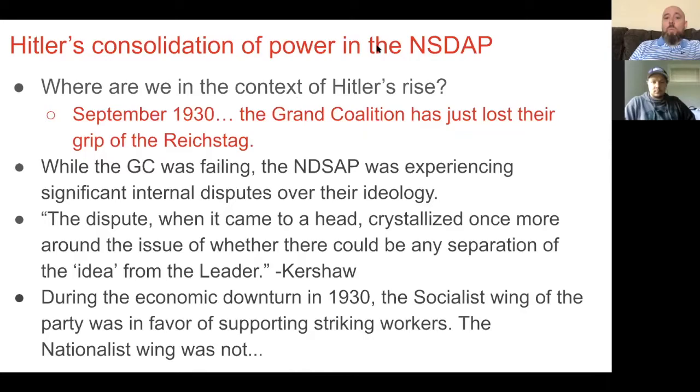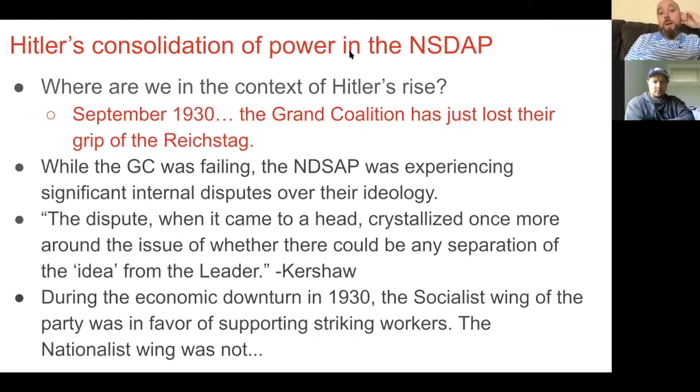So we are now moving into Hitler's consolidation of power in the NSDAP. There's a couple items on Hitler's quote-unquote checklist that he has to accomplish before he can completely rise to power in Germany. But he has to first be the sole power in the Nazi Party.